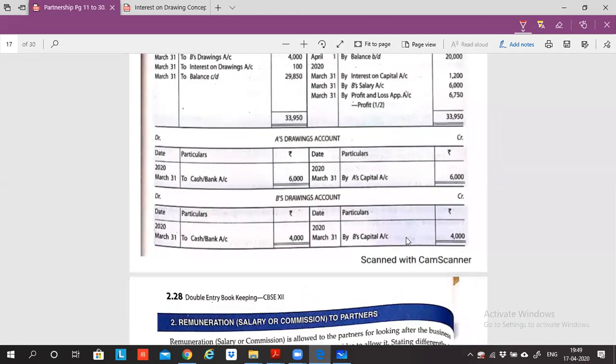Sir, what about when the drawings are different for each month? That's what I said: when drawings are different for each month, then you have to use either the direct method or the product method.